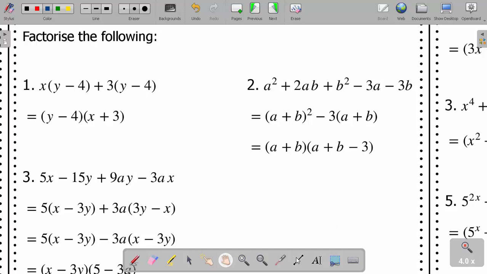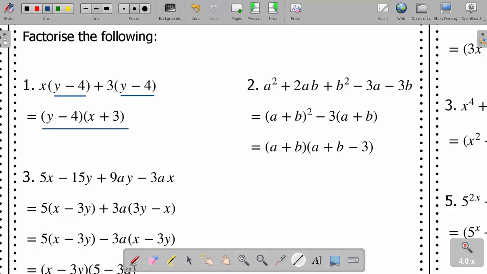As you can see, y minus 4 is a common factor. It is common here and also common here, so I can take it outside the brackets. When I do, I'm left with x plus 3. That's why my answer is y minus 4 into x plus 3 as my final answer.